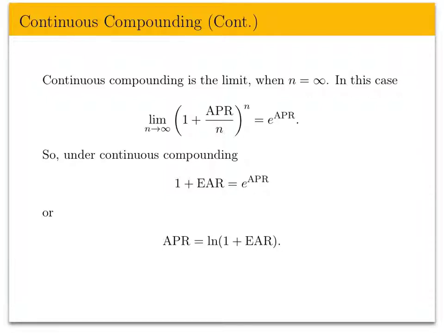One thing to keep in mind as you look at these computations is that as you subdivide the year into more and more intervals, you are taking the annual percentage rate and dividing it into smaller and smaller amounts. So let's say that you have a 20% annual percentage rate.